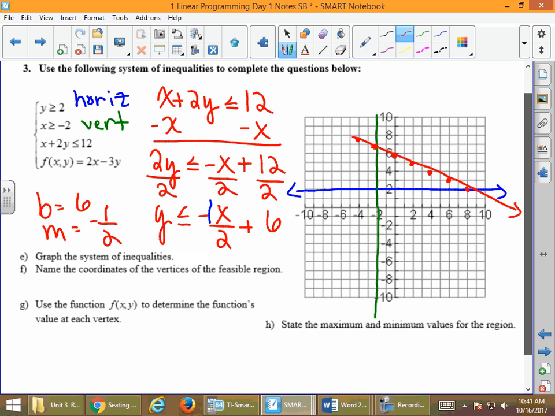And the nice part about this one here is that I think we can see our convex polygonal region. We only have one. We could go back and use our shading techniques.